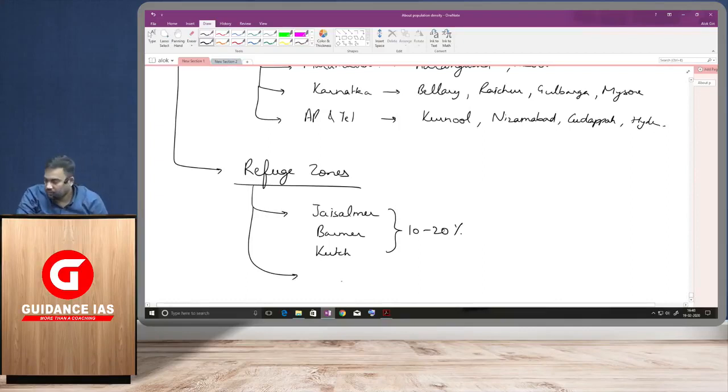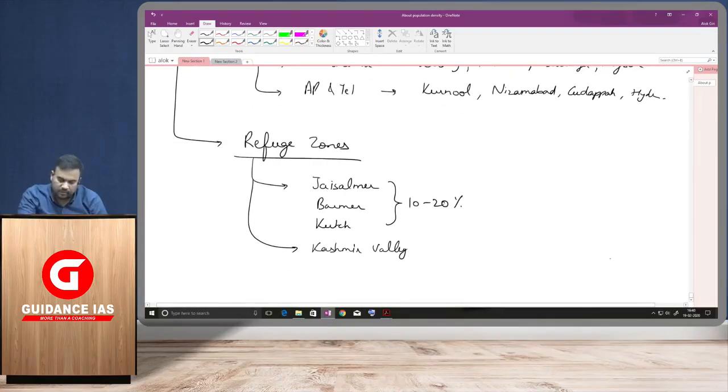Similarly, another important area is the Kashmir Valley, particularly the upper Jhelum and Chenab valleys. In the upper Jhelum and Chenab valleys, the concentration is above 90%.